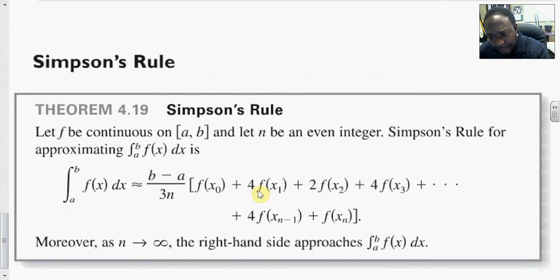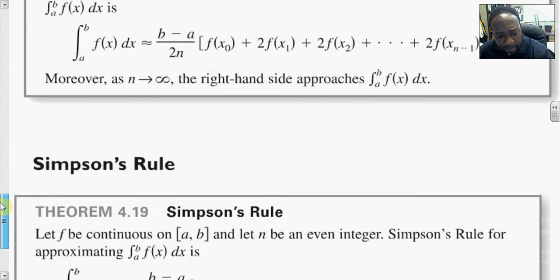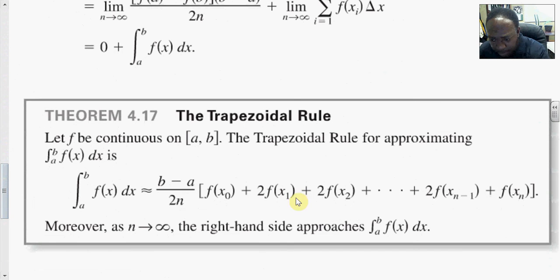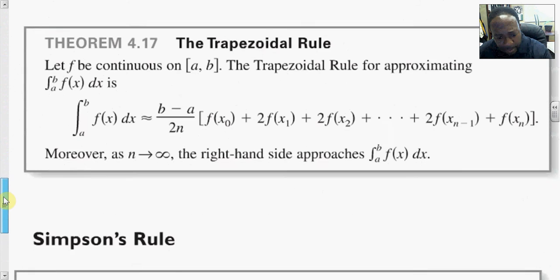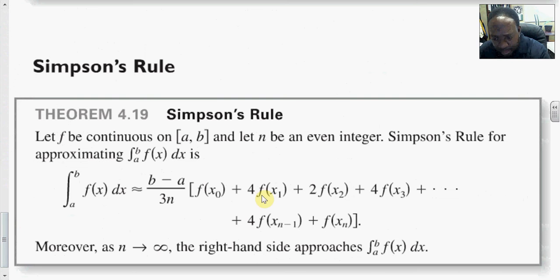And then the elements of the summation differ: for the trapezoidal rule, all the middle terms, the functions, are multiplied by 2, and the outer terms have no multiplication by a number. Here for Simpson, the inside terms alternate between 4 and 2.